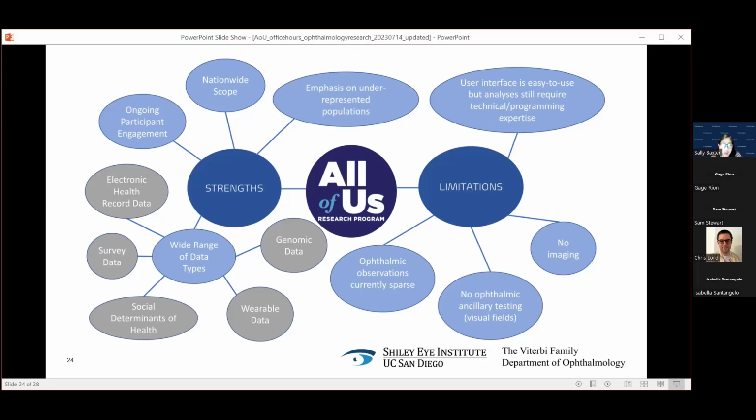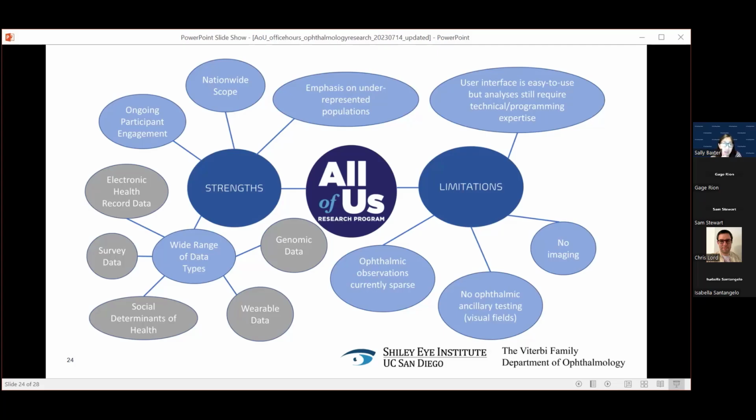Specifically for us as ophthalmologists, as I mentioned, there are a lot of things that we look at in terms of trying to phenotype our conditions that are not well represented in the database right now. So visual acuity, the 20/20, 20/40 kinds of measurements of how well you see, and eye pressure.